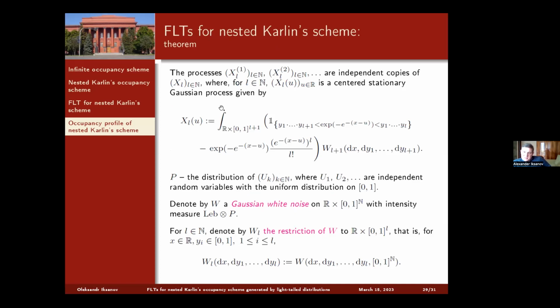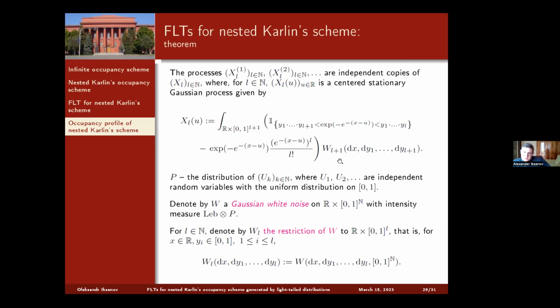The limit processes within one row are dependent, centered stationary Gaussian processes, and each particular process admits the following integral representation. Here, W2, W3, and so on form a sequence of consistent finite dimensional Gaussian white noises.